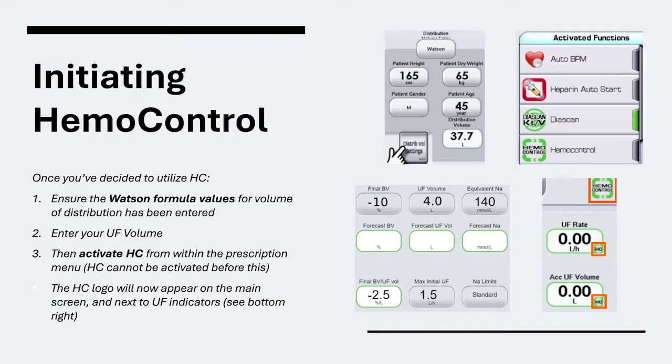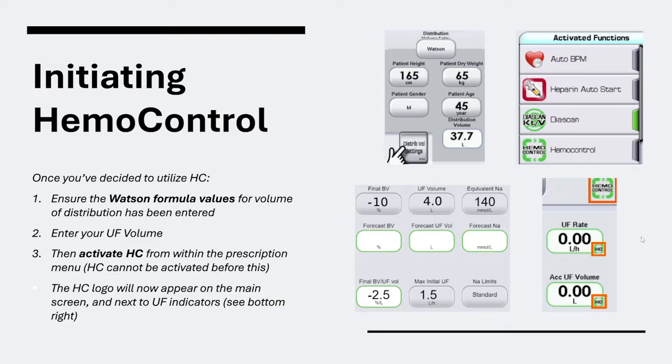It is worth noting that until you have the volume of distribution and a UF volume entered, HemoControl cannot be activated. It can be activated preemptively if it's programmed into the patient's card. However, if you're not using a patient card, you need these two factors, the volume of distribution and a UF volume, before you can adjust HemoControl.